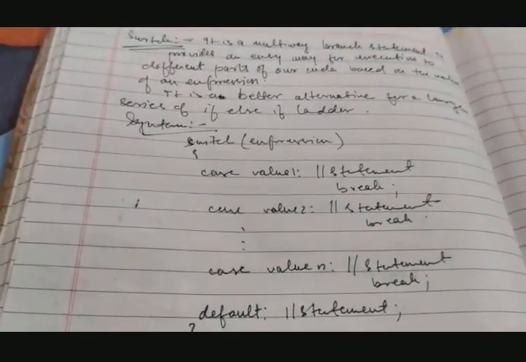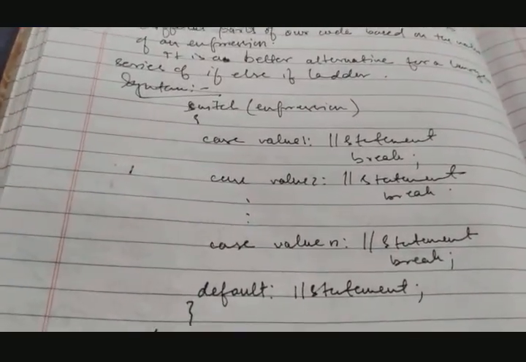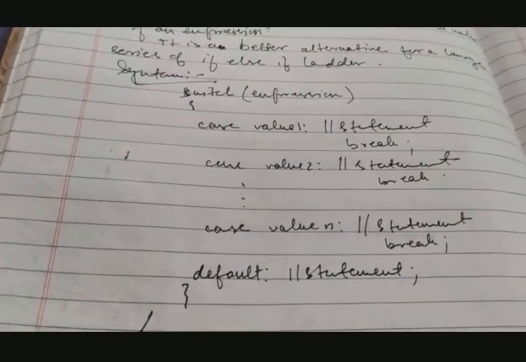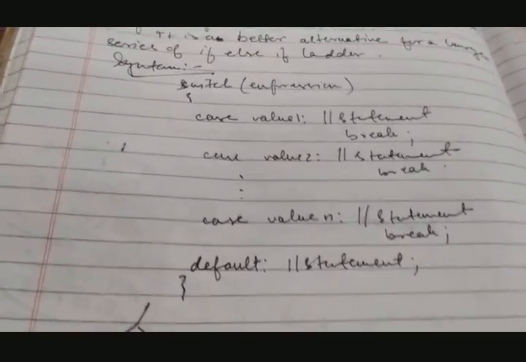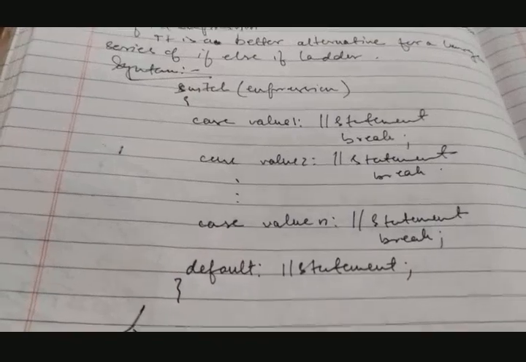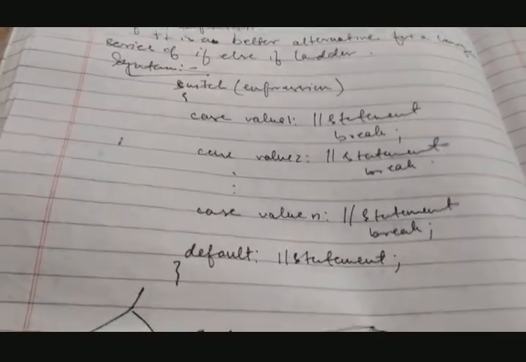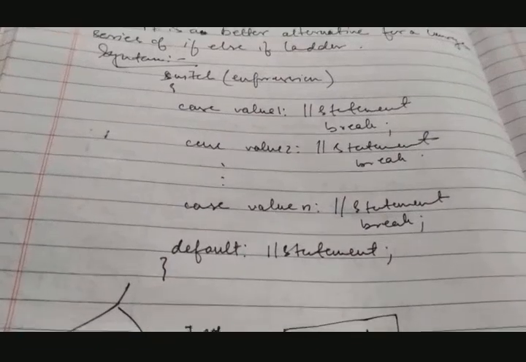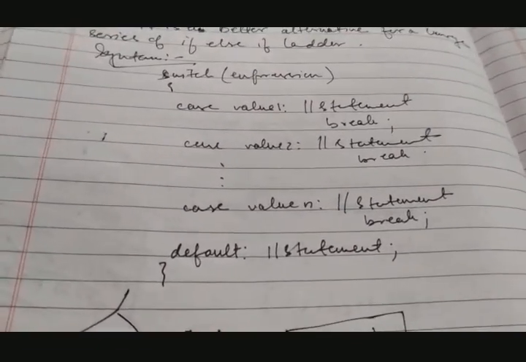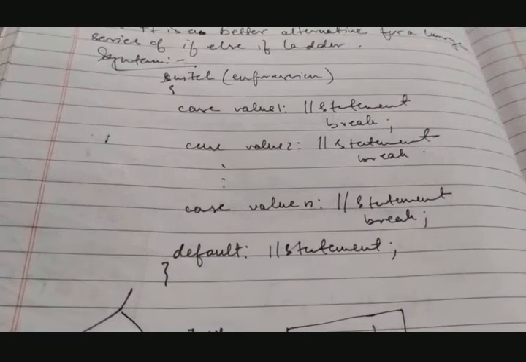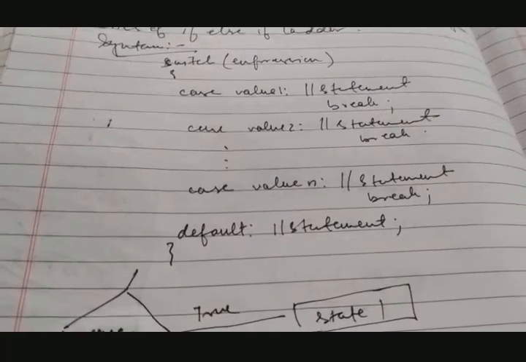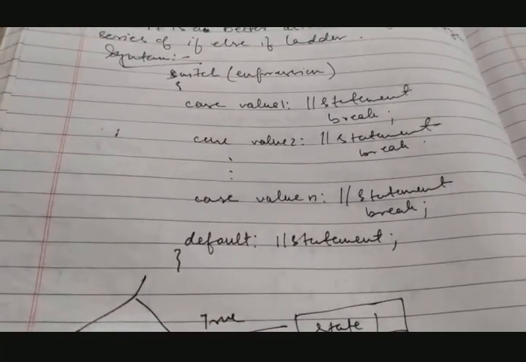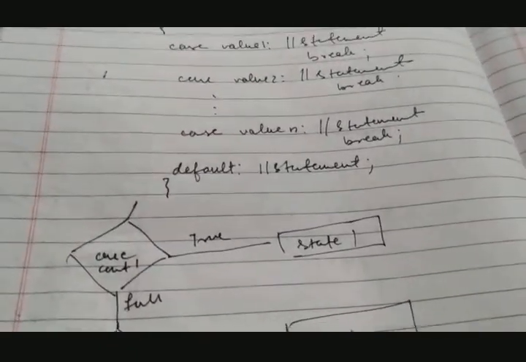So now suppose this is a switch, this is case constant 1. If it is true, then statement 1 gets executed. If it is false, then case constant 2 is checked, and statement 2 gets executed.